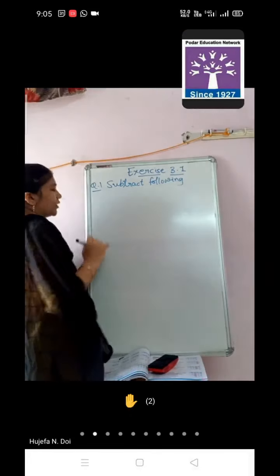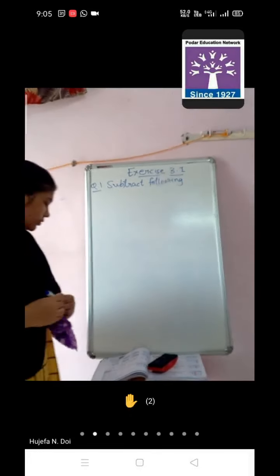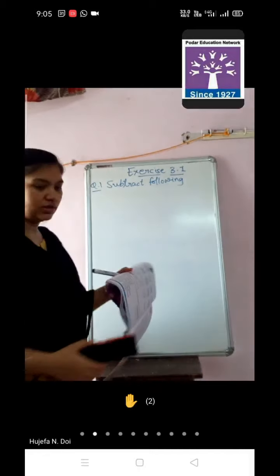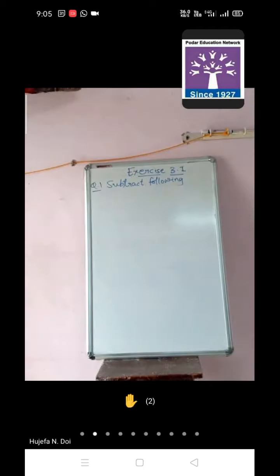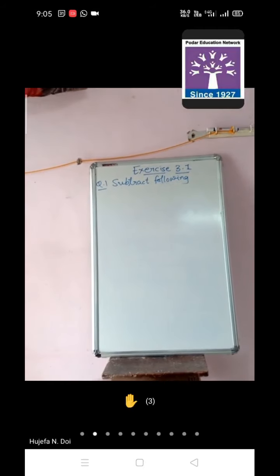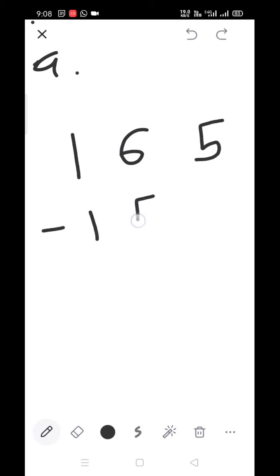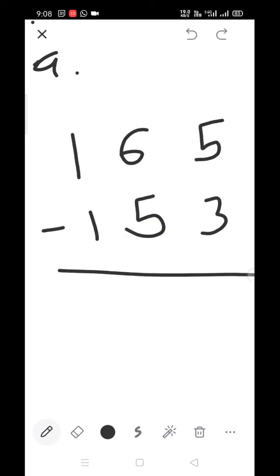Okay, I will just show you with the share screen. Please sit with your textbook. In exercise 3.1, A is 165 minus 153. Ones, tens, hundred.